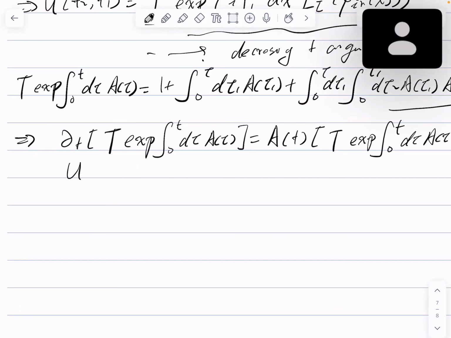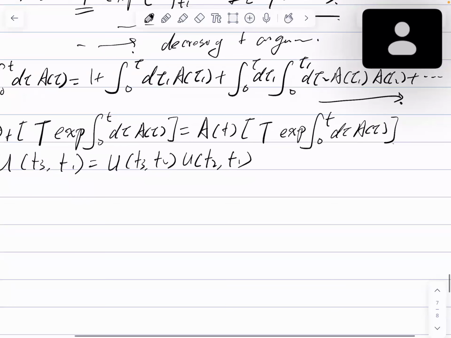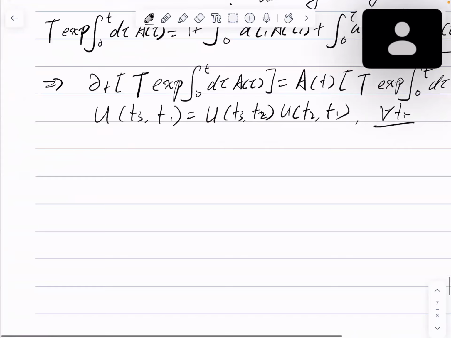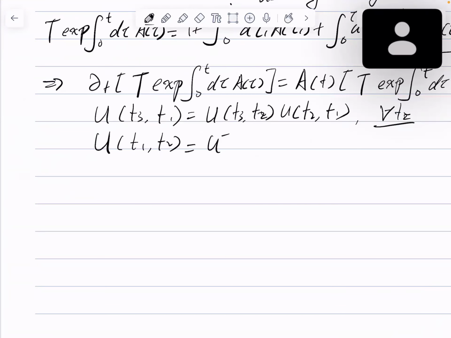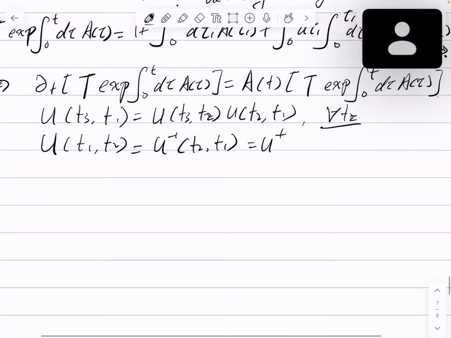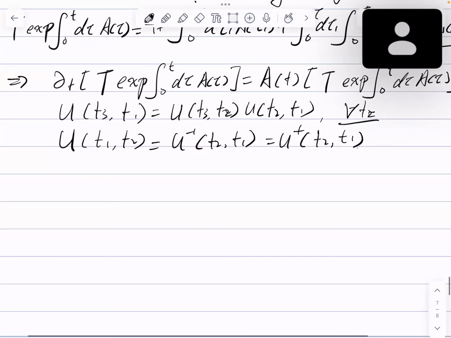And obviously the other two properties: U(t3, t1) equals U(t3, t2) U(t2, t1) for arbitrary t2, and the inverse evolution U(t1, t2) equals U inverse of (t2, t1), which equals U dagger (t2, t1), because it's a unitary operator.